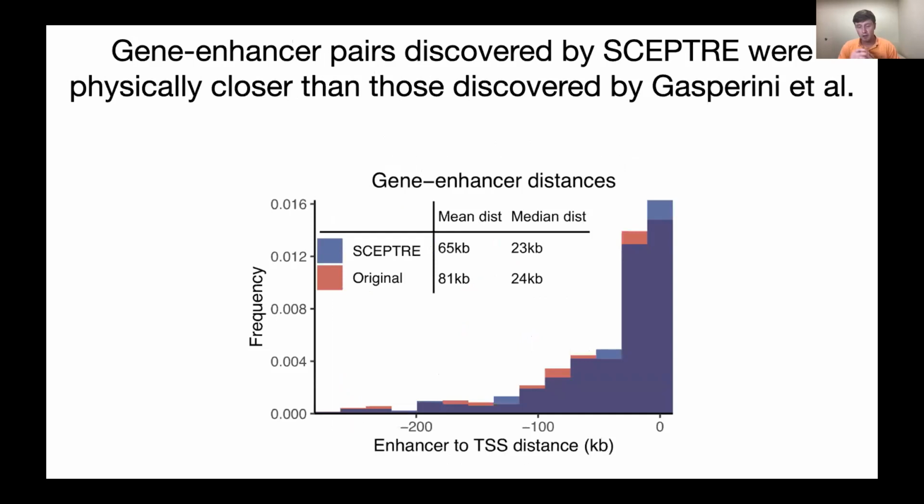So we compared the Scepter discoveries to the original discoveries on several metrics using orthogonal functional assays. What we see is that the gene enhancer links discovered by Scepter are physically closer to one another on the chromosome than the gene enhancer pairs discovered by the original method.